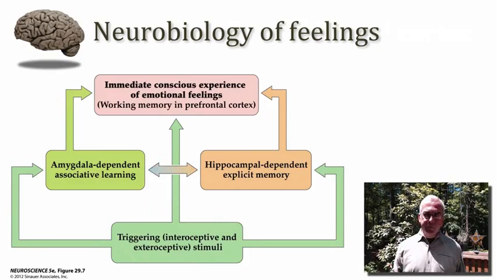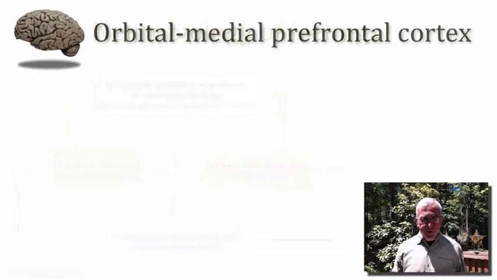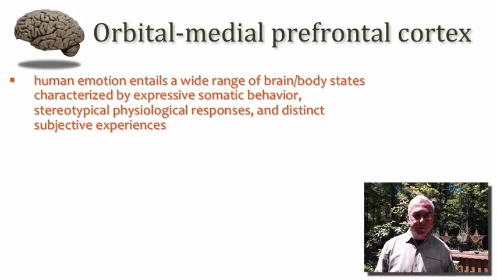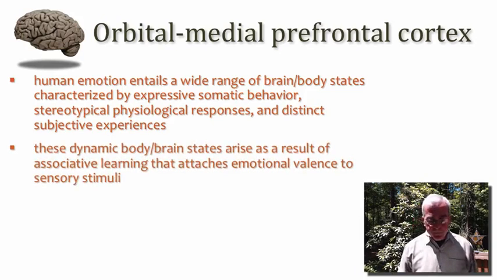Well, let's conclude this tutorial by leaving you with a few points of summary. So what I've tried to describe for you is that human emotion entails a wide range of brain and body states that are characterized by expressive somatic motor and visceral motor behaviors, by stereotypical physiological responses of the body, and by distinct subjective experiences.